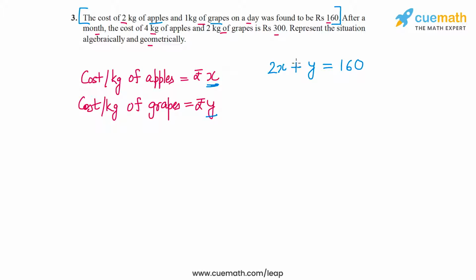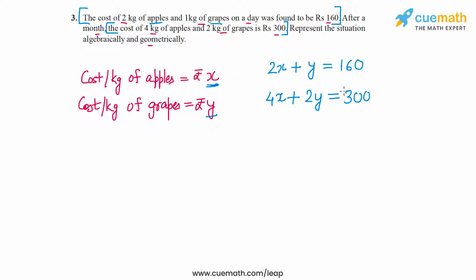Now the second piece of information we have is that the total cost of 4 kg of apples and 2 kg of grapes is 300. So the cost of 4 kg of apples should be 4x rupees, and the cost of 2 kg of grapes should be 2y rupees, and the total of these two costs should be equal to 300 rupees.